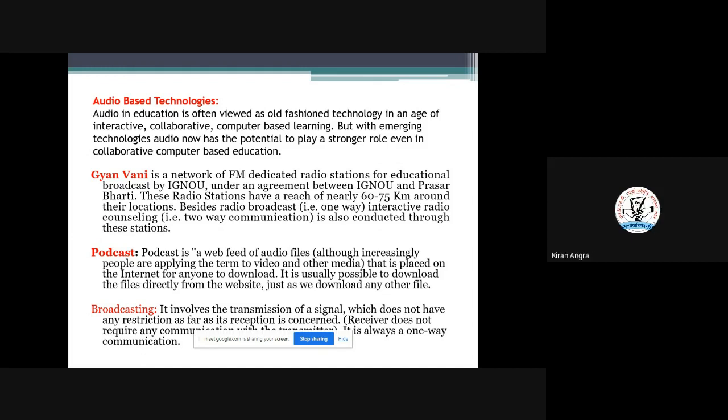I hope you people know iTunes in Apple mobile. iTunes are the music stores, and they are available both in Windows and Macintosh. You know the software of Apple. So hence there are a number of teaching and learning materials available on the podcast. So these are some of the audio-based technologies.